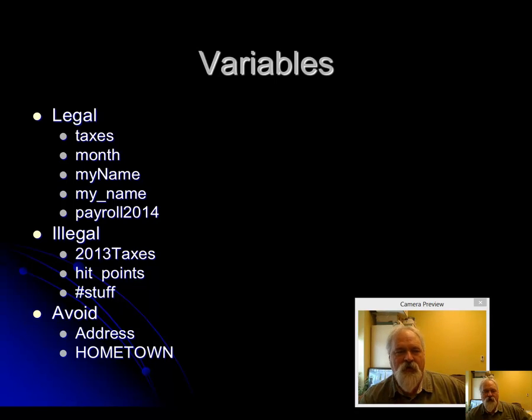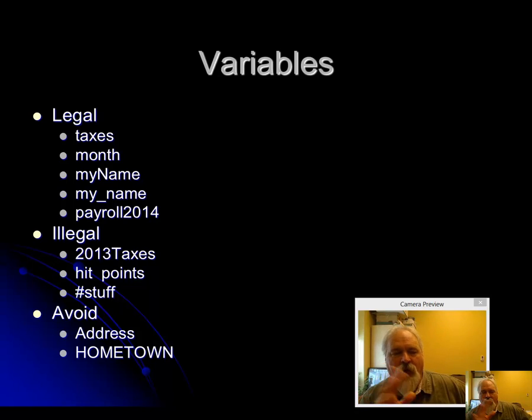One of the conventions is variable names always start with a lowercase letter, and classes and sometimes methods, which we'll get to later, always start with an uppercase first letter. The reason is so that if a programmer sees the word Address with a capital A, they'll assume you're talking about some class or method called Address, and not a variable. Again, that's not a rule. That's not a legal or illegal thing. It's just a convention in programming.